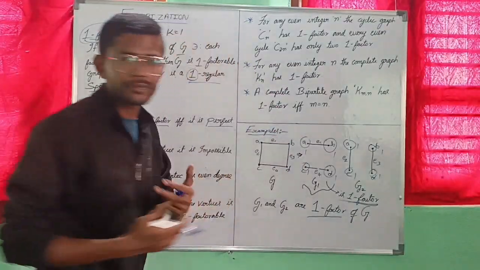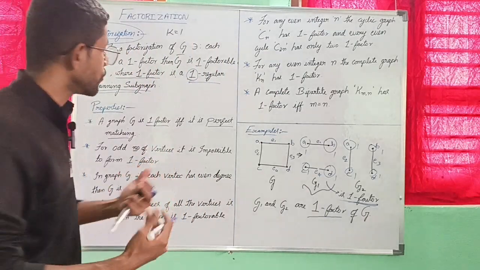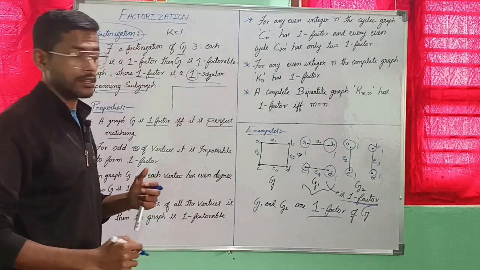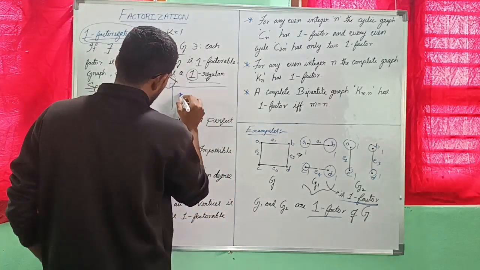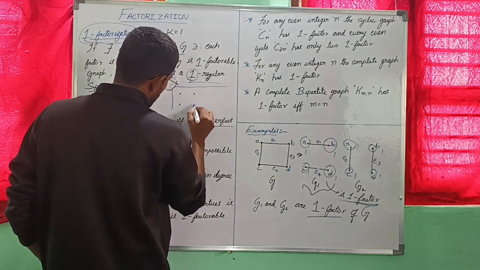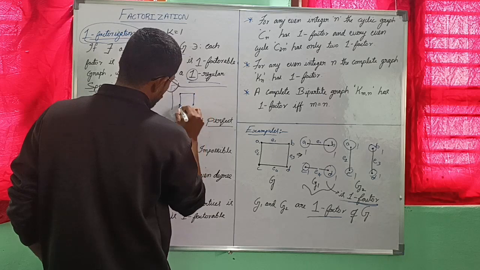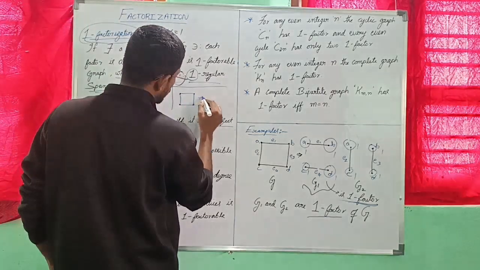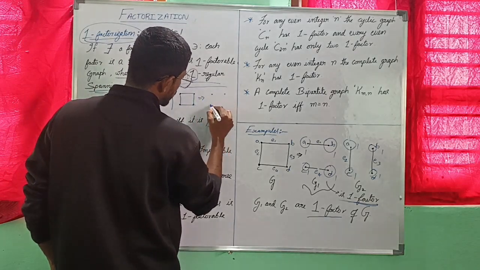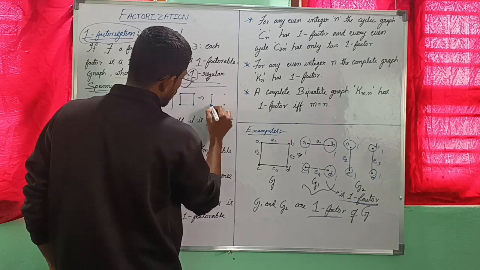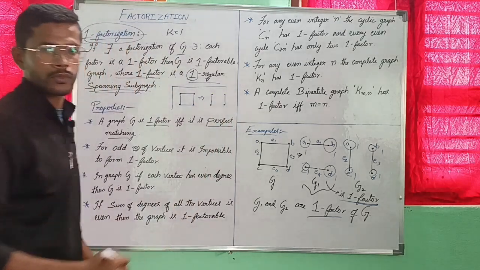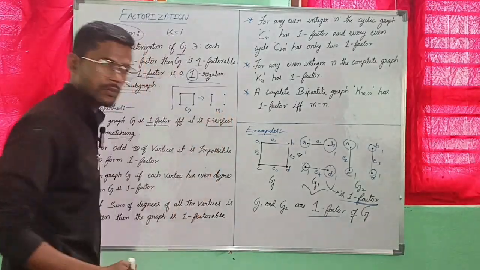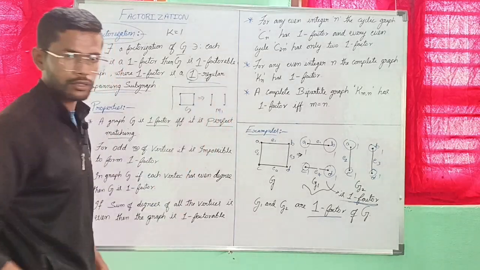What is a perfect matching? I will explain it here. I will take a graph which consists of four vertices and edges. When I draw a matching for this graph G, I get M1. This is a perfect matching.